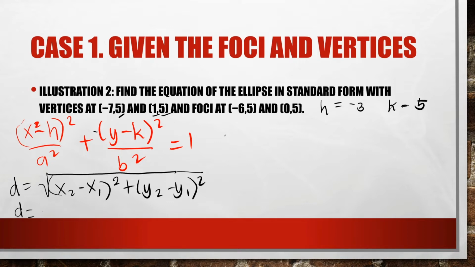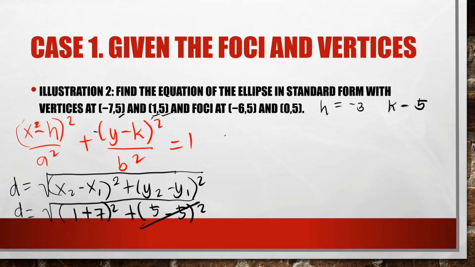So, d is equal to x sub 2, which is 1, minus x sub 1, negative 7, squared plus y sub 2, 5, minus y sub 1, which is 5, squared.